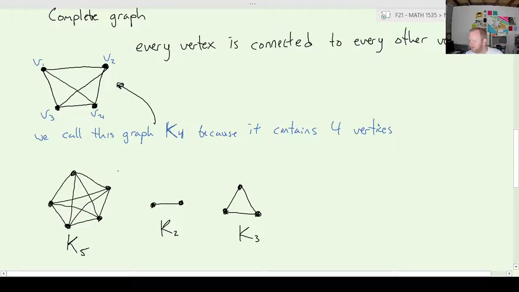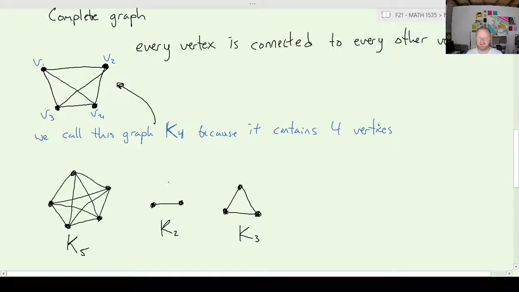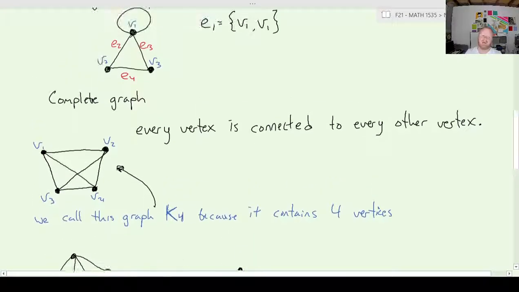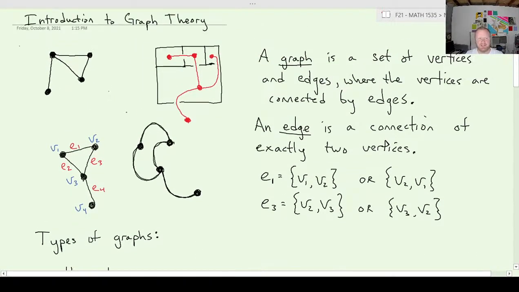Okay. Before I talk about the other types of graphs, because we've got 2 more that I want to talk about, I want to talk about this idea of valence, just so I'll introduce it, and then we can talk about that in the context of all these. Valence is a measurement of how many edges are coming out of a particular vertex, or how many edges are contained by a particular vertex.